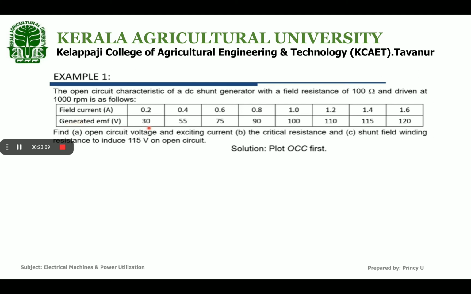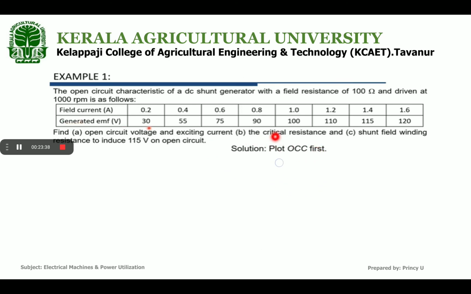Okay, so the open circuit characteristics of a shunt generator with the field winding resistance given, that is 100 ohm, and driven at 1000 RPM, is as follows. So there are given values, so we can plot a characteristics curve using these values, and you have to find out open circuit voltage and exciting current first, then critical resistance and shunt field winding resistance to induce 115 volt on open circuit.